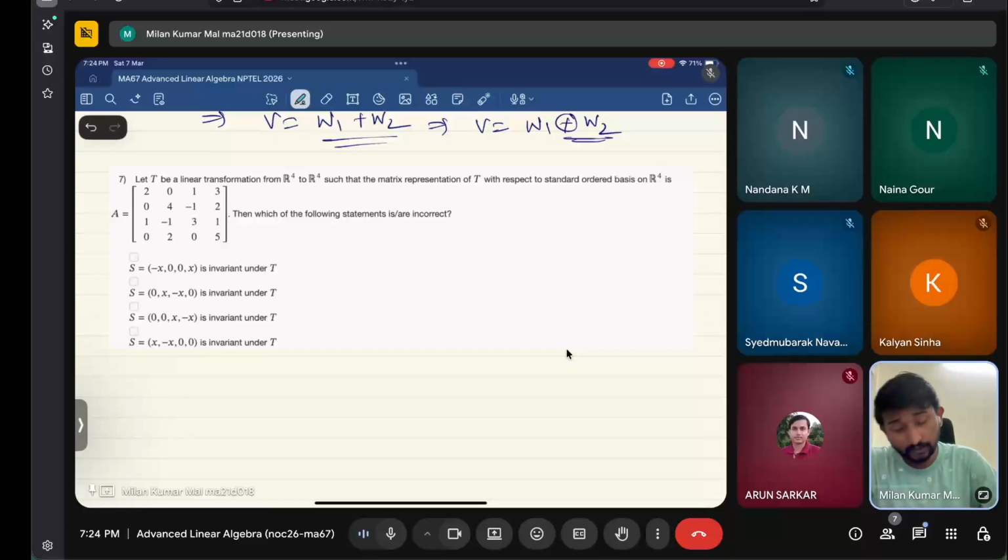Then which of the following statements is or are incorrect?